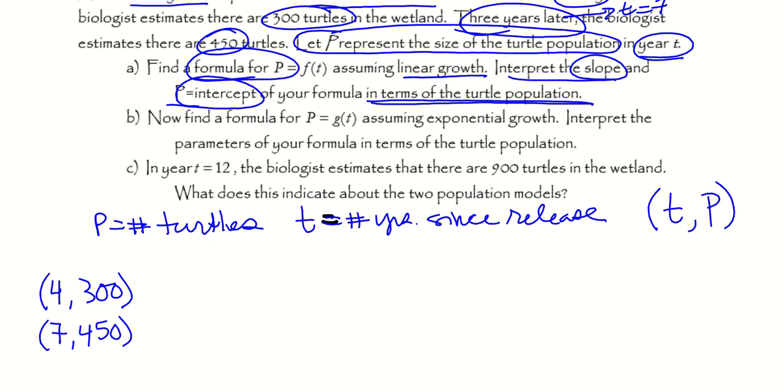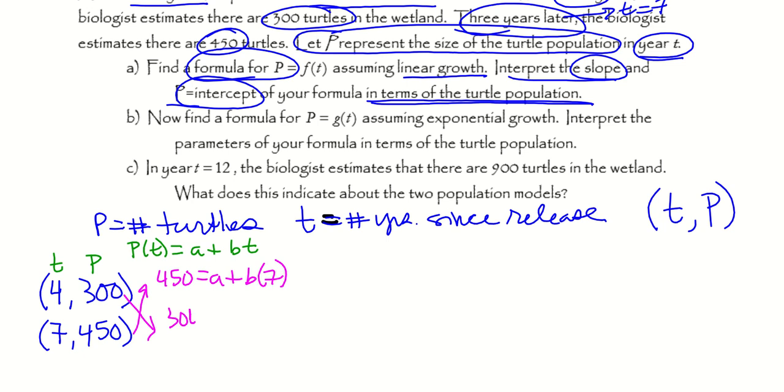So I know that my formula should be in the form of p of t equals a plus b times t. Remember these are t's, these are p's. When I make my substitution, I'm going to use my bigger numbers first. I get 450 equals a plus b times 7. Substituting the other numbers, I get 300 equals a plus b times 4.